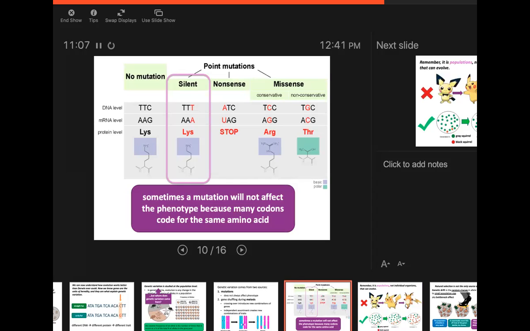So up here, we've talked about several types of mutations. What were some of them that we talked about? Deletion. You're going back to karyotyping now.